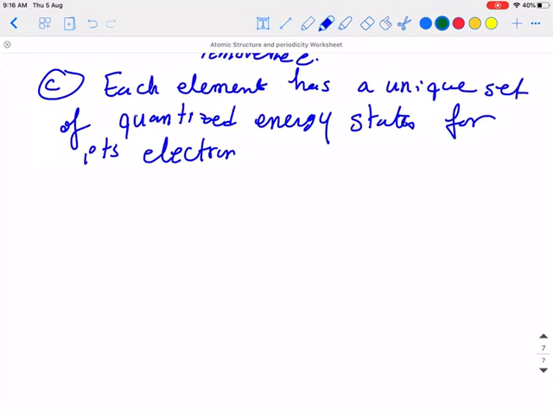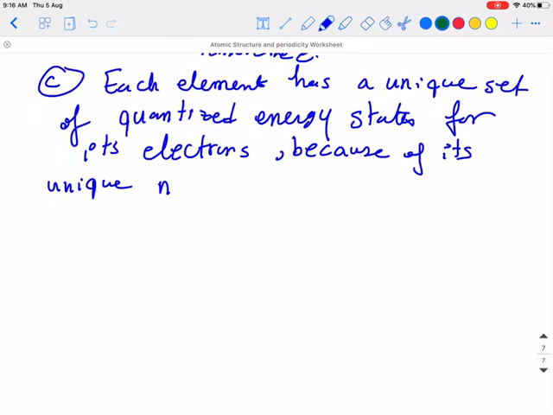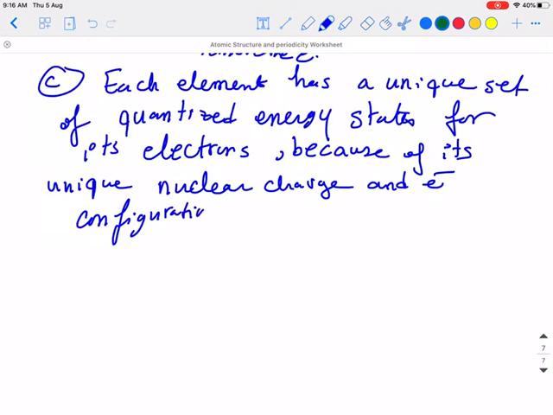Because each element has a unique nuclear charge and electron configuration.